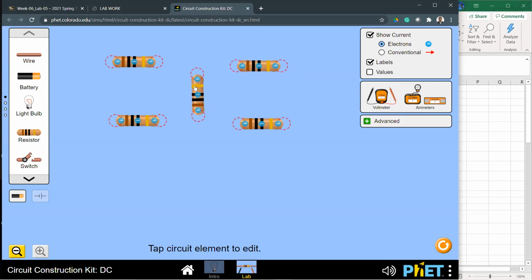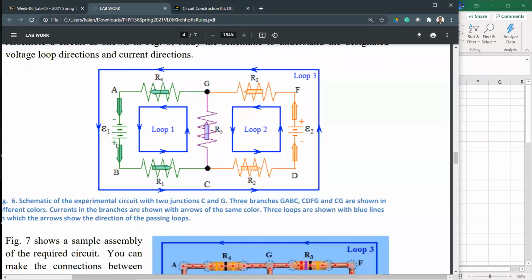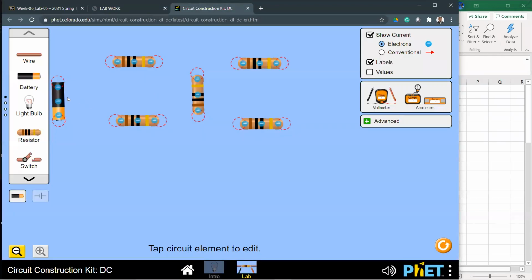We can connect wires in a bit. And then I need 2 batteries, one battery here with the positive side down, this green side, and the orange side with the positive side up. Then another battery on the other side, positive side up.